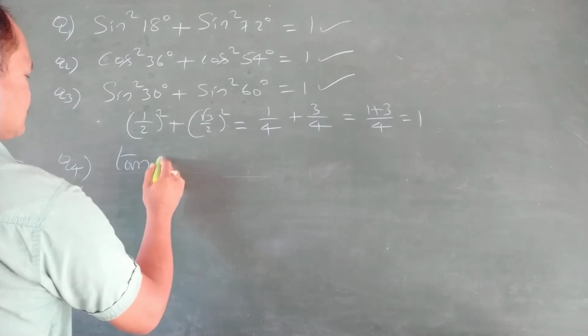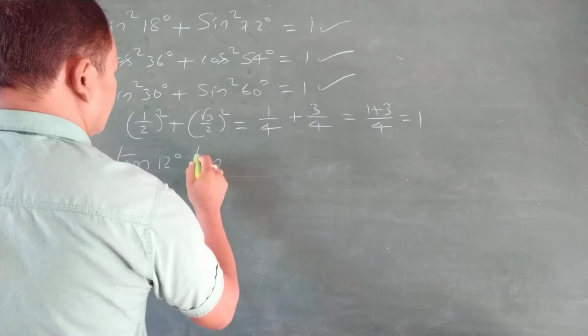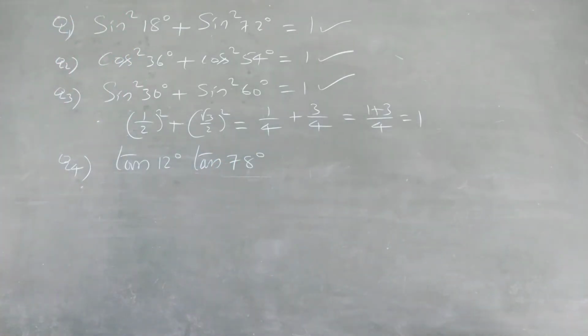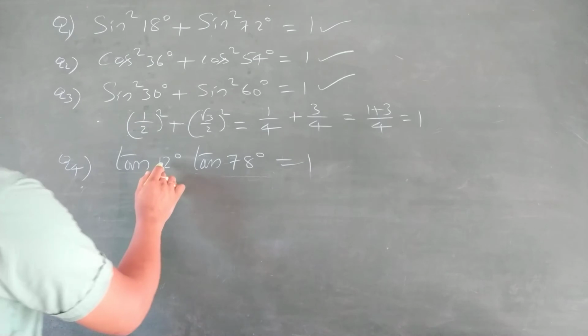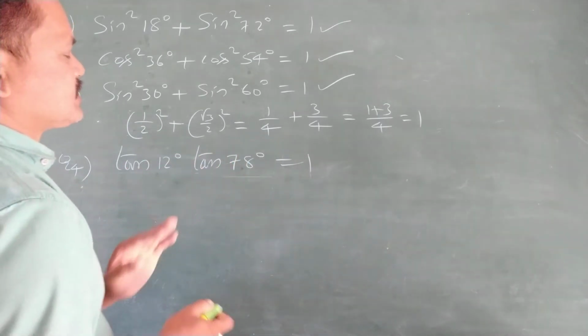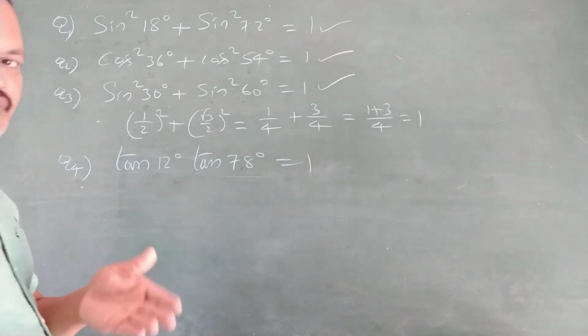Tan 12 degrees into tan 78 degrees. This is also 1, since alpha plus beta is 90.